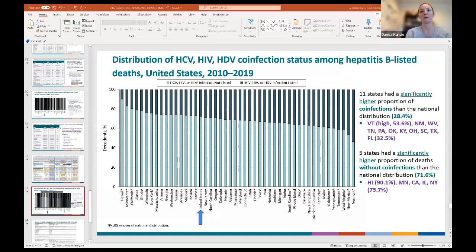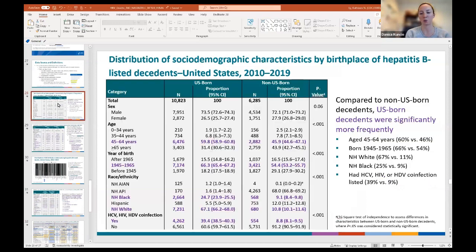Thank you. And then there was another question about stratification of race and ethnicity by country of origin. Were you able to do that as well? Yeah, so here is that table, by US versus non-US. Can you see this okay?